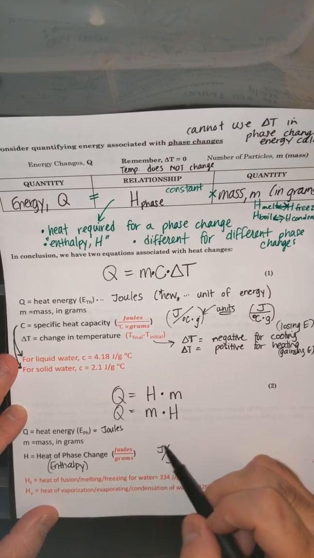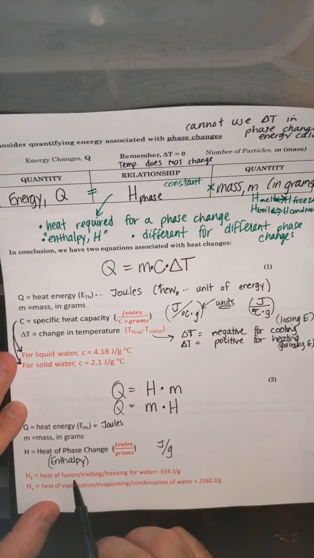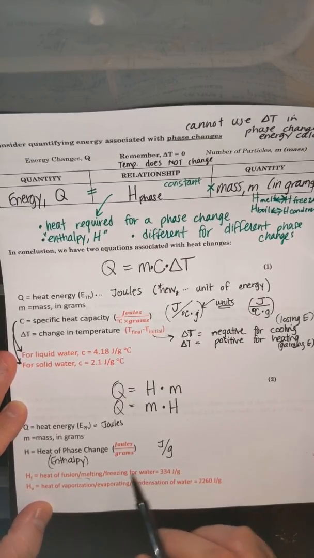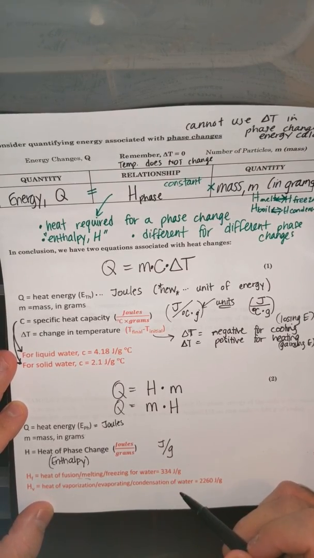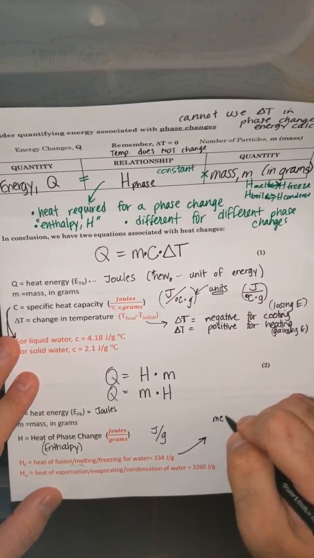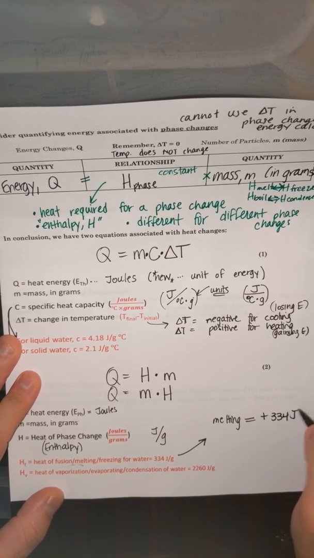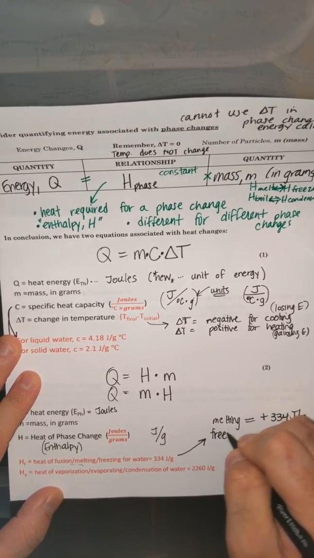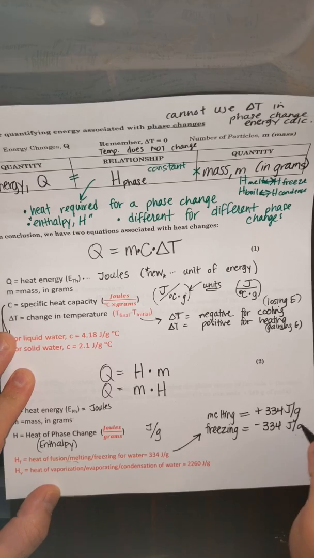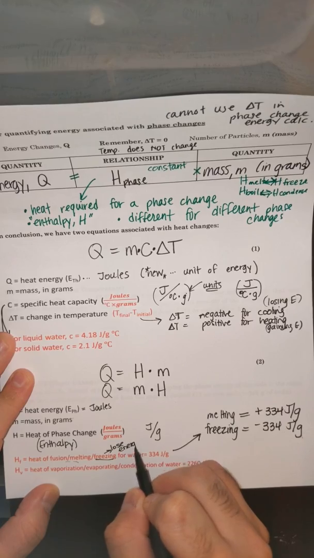What this is saying is this phase change requires a certain amount of energy per gram. And so for melting or freezing, H_f for water requires 334 joules per gram. For melting, it's going to be positive 334 joules per gram. For freezing, it's going to be equal to negative 334 joules per gram. Freezing, I'm losing energy.